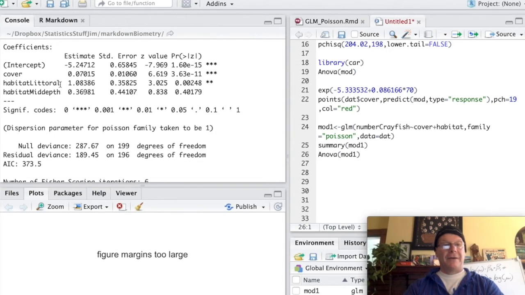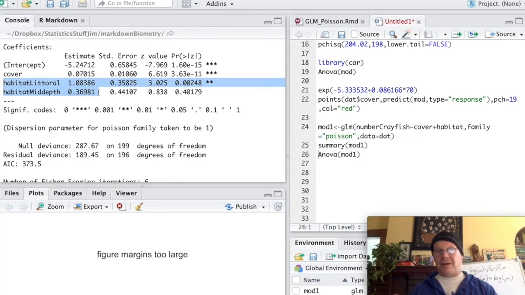We have a parameter estimate for cover. We also have, again, parameter estimates for the littoral and the mid-depth. And everything's going to be relative to benthos, right? Because the same kind of dummy coding that we've done before is happening here.